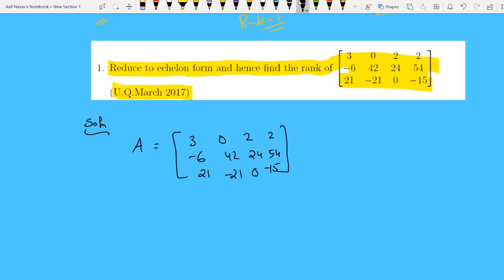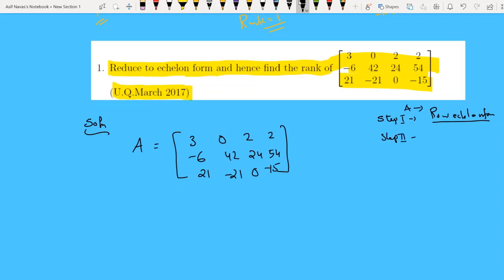Okay. So we want to find out the rank. So in order to find out rank, we have two steps. First step is to make it into row echelon form. We have to change matrix A into row echelon form.